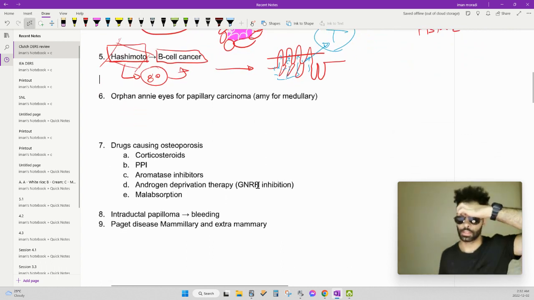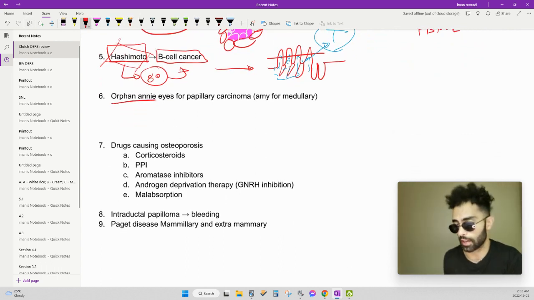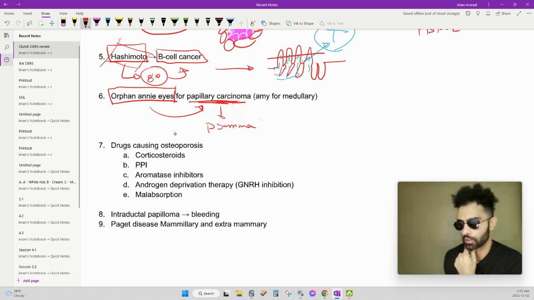The next point is Orphan Annie eyes. This is high-yield stuff. You really don't want to mess up stuff like this on an exam or on something like Step. Orphan Annie eyes are for papillary type of cancer. Also, papillary has psammoma bodies. Why? Remember, papillary has papules. What are psammoma bodies? They're circular calcifications. Imagine you're looking at this from up here.